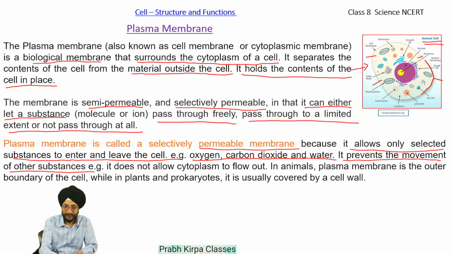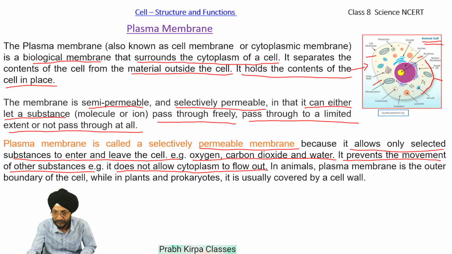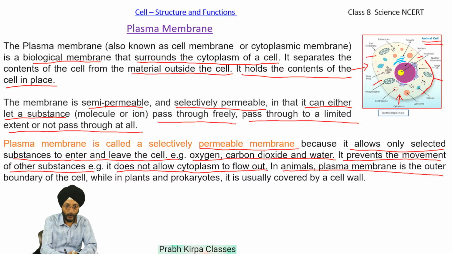For example, it does not allow cytoplasm to flow out. This is the fluid-like structure, which is called cytoplasm. So the plasma membrane does not allow the cytoplasm to flow outside the cell. In animals, the plasma membrane is the outer boundary of the cell.